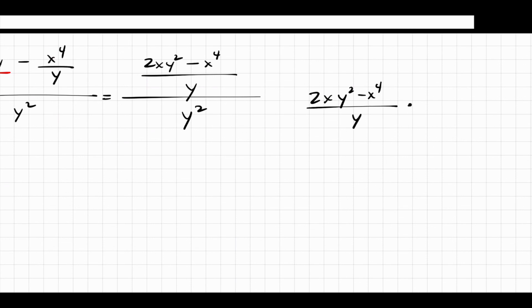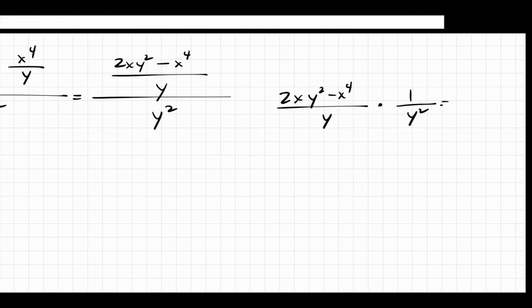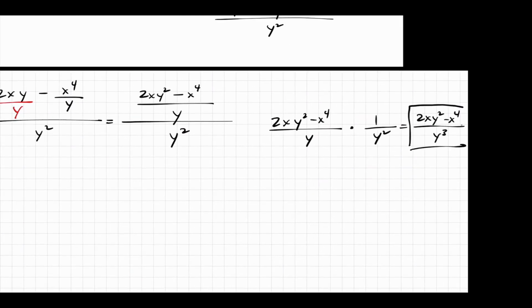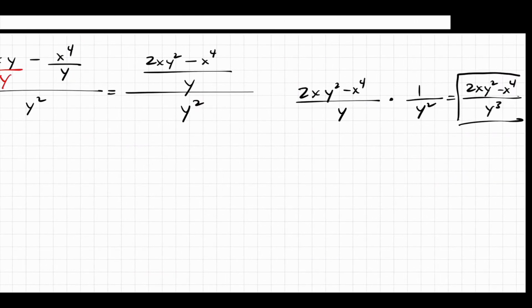Flip the second, reciprocal of the second. Two xy to the second minus x to the fourth over y to the third. Now the top you can factor out an x, but there's no need because it wouldn't cancel out anything on the bottom.